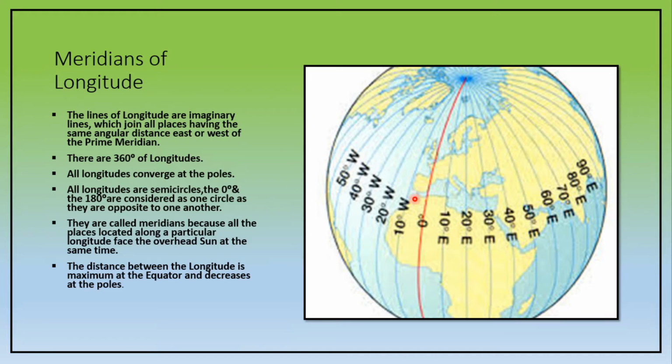Because we have to determine the location of places and also find out the time of different places, these meridians of longitude are very important. So let us take it one by one.